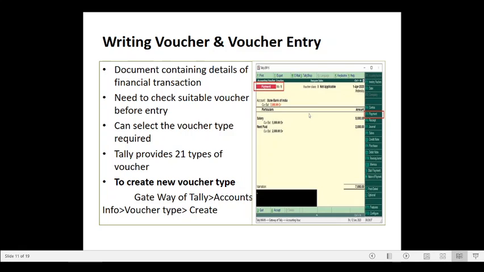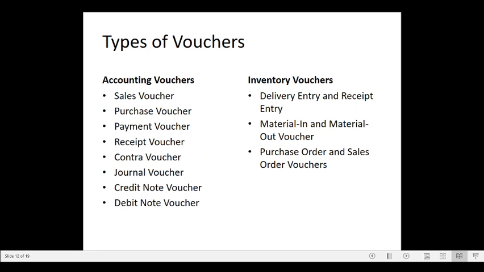Say for example, purchase vouchers can be used as invoice or vouchers can be made optional, etc. Now let's see how to create a new voucher type. Moving to the gateway of Tally, selecting accounting information, selecting voucher type under accounting information and select create. So this is how we create a new voucher type.